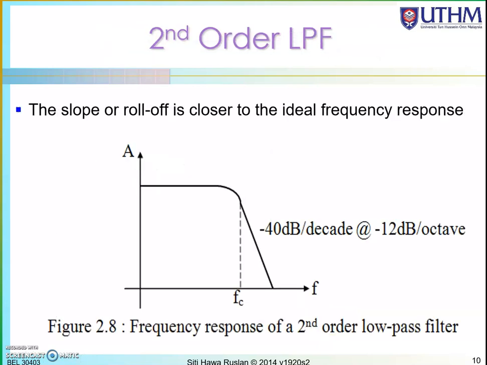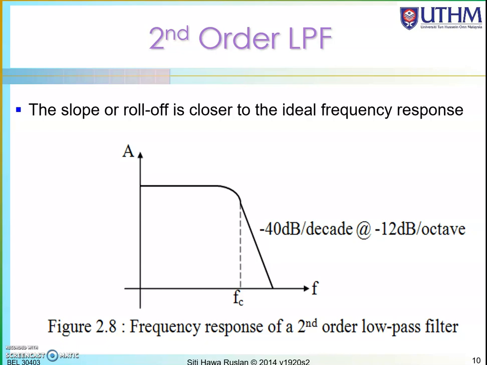Okay. So, how does the frequency respond? So, it is similar to that one just now. So, the gain over here will be AVO, 1 plus RF over RA, but the slope is different. Now, it is minus 40 dB per decade or minus 12 dB per octave, because it is a second order low pass filter.